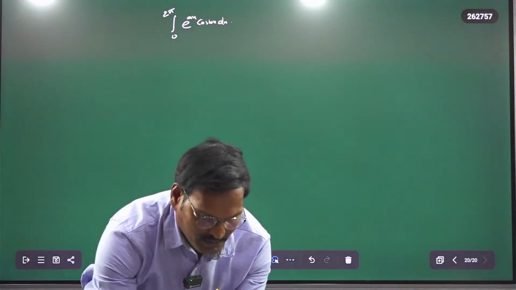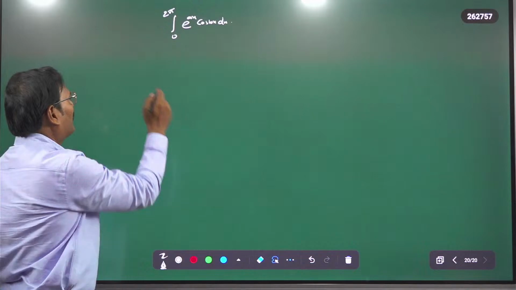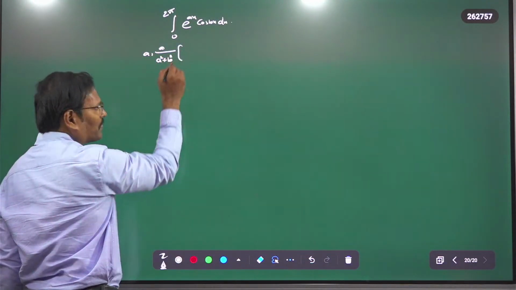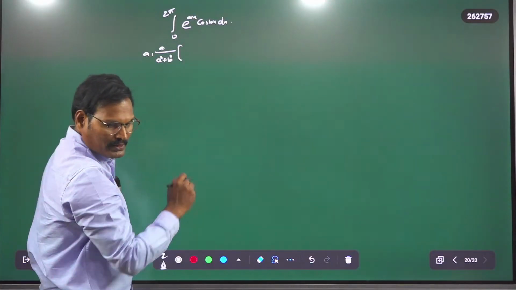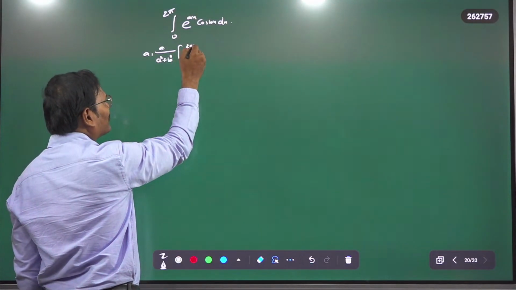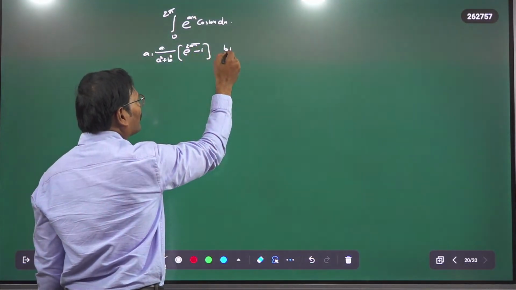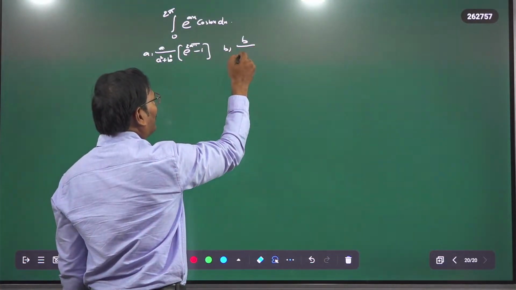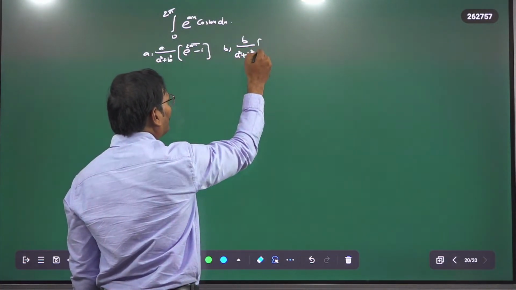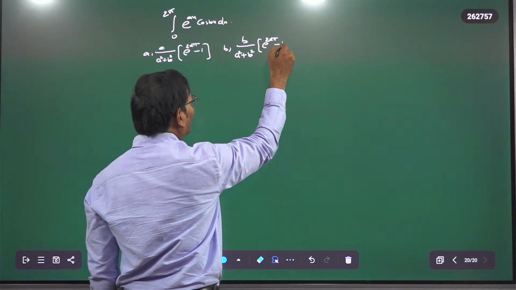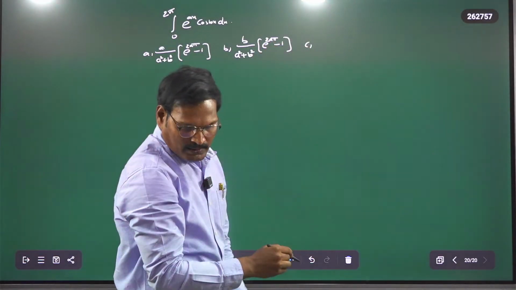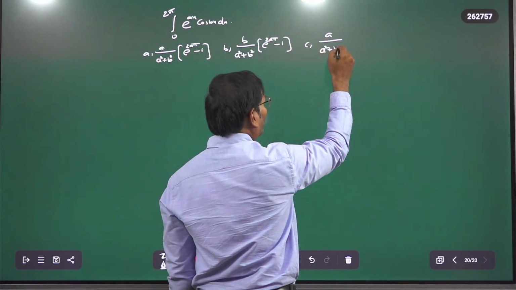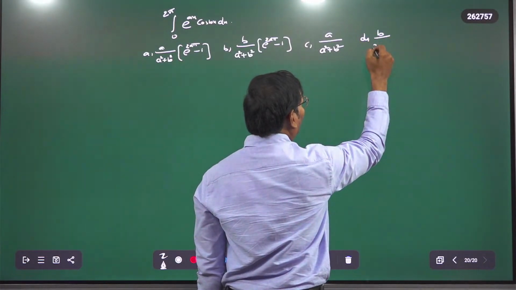So the options are: a by a square plus b square into e power 2a pi minus 1; b by a square plus b square into e power 2a pi minus 1; a by a square plus b square; and b by a square plus b square.